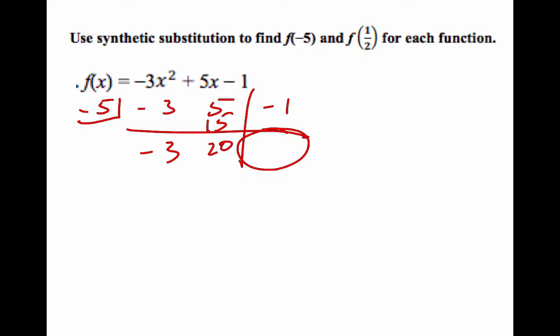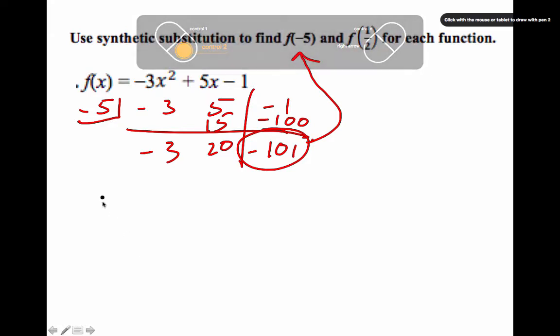Added is 20. 20 times -5 is -100. And -100, and that means that we would get -101. F of -5 is -101. That's good stuff.